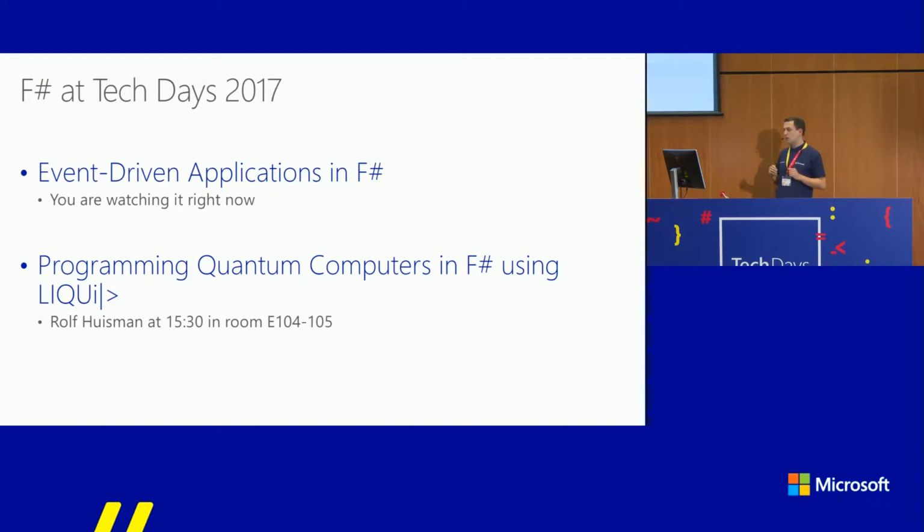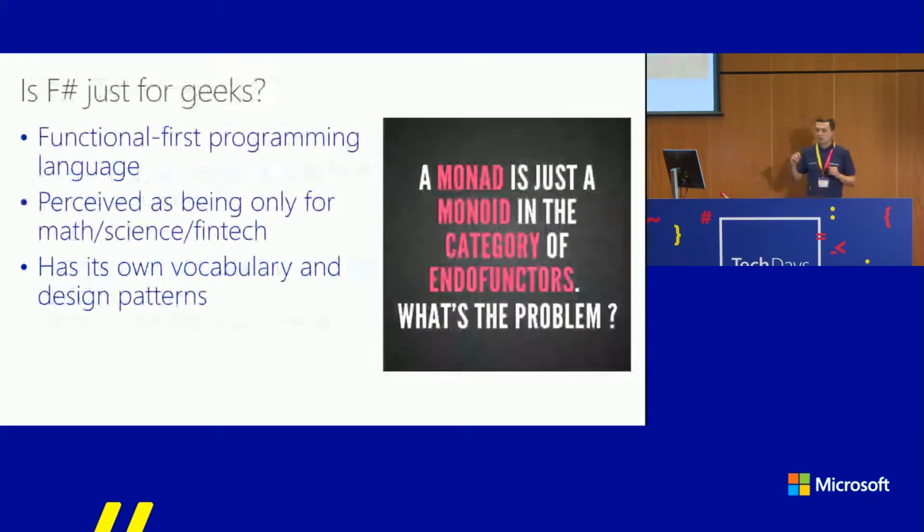It's probably very interesting, but I have one problem with the title of his session, and that's quantum computers and stuff. Quite often F# is perceived as a very niche language, like it's only for mathematics, or only for science, or finance is very popular.